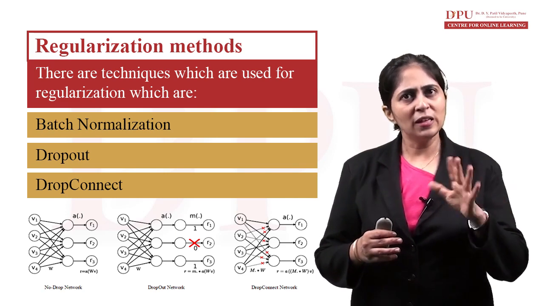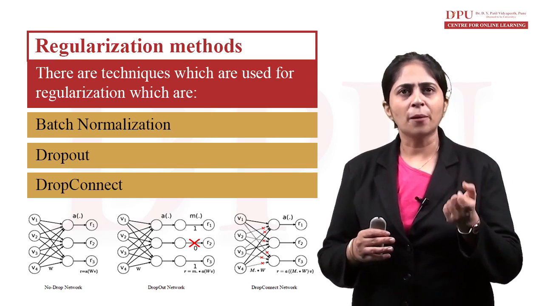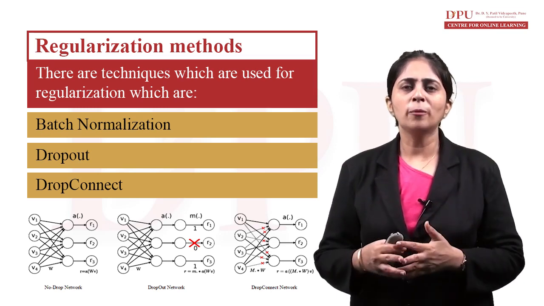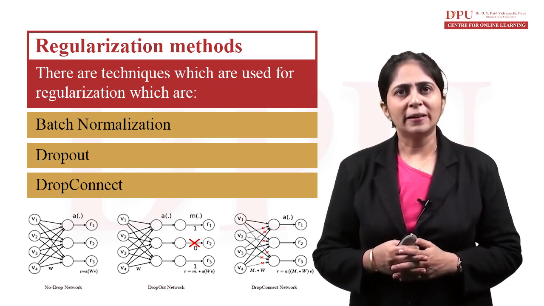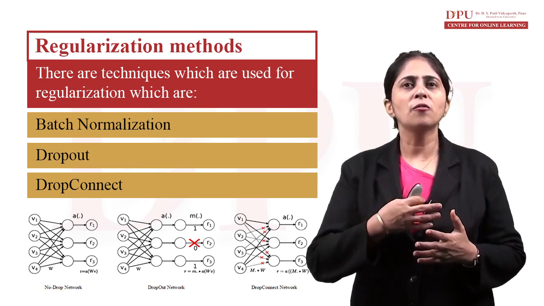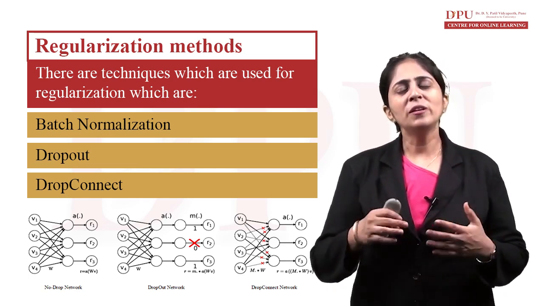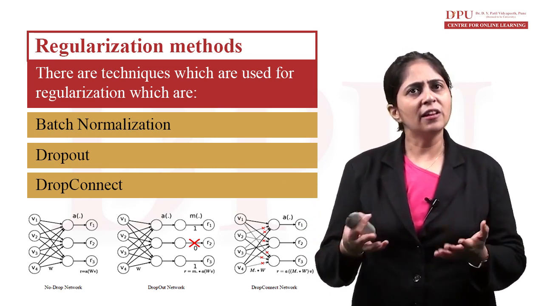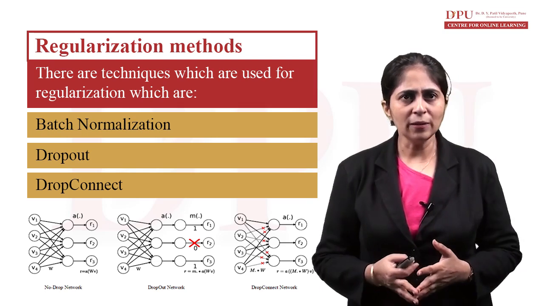In dropout, we select the subset of activations, meaning the nodes, and set them to 0. But in drop connect, we select certain subsets of weights within the network and make them 0. So this is a generalization of dropout.